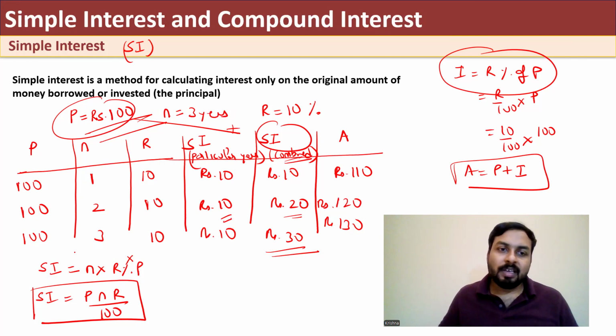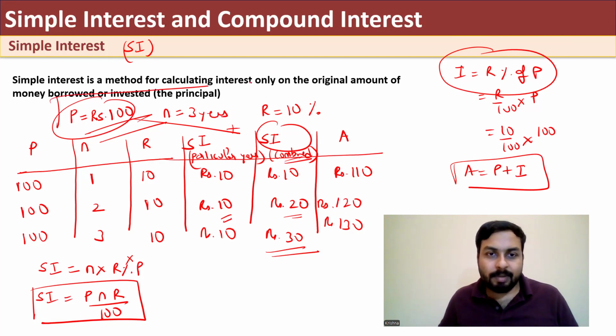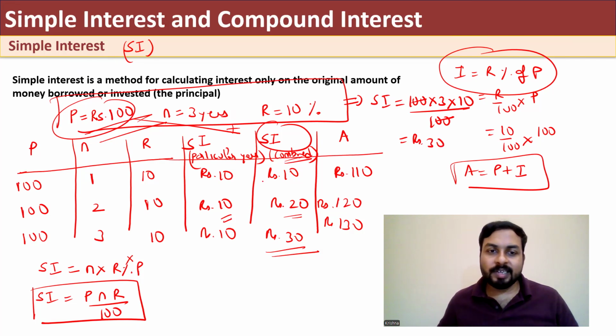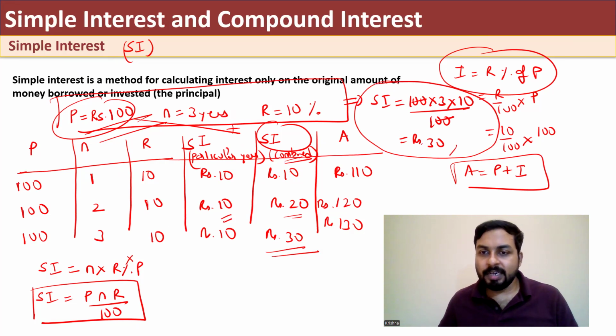So in this scenario, if I'm asked how much interest I need to pay, I'll say the interest I need to pay is equal to P into N into R by 100. How much is that? 30 rupees. I'll not draw this entire table. I'll use this formula directly. Just 30 rupees I'll get. The same thing I'm getting here also.